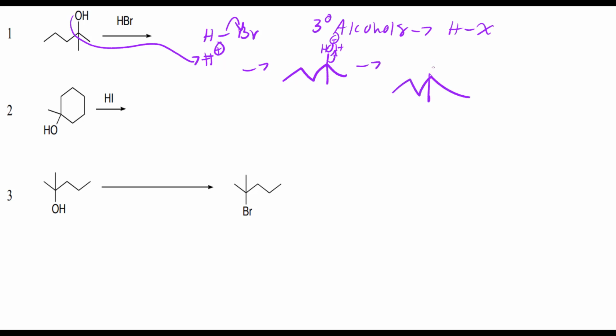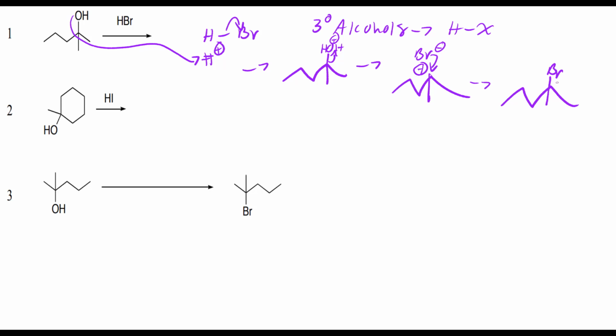Notice that this is a tertiary carbocation, which is really favorable. It's always going to make a tertiary carbocation because it's a tertiary alcohol. This is what you're doing it for. And then this bromine is going to come in and attack. Okay, there you go. Bada bing, bada boom. We have a tertiary bromide. Pretty cool. So that was the reaction.